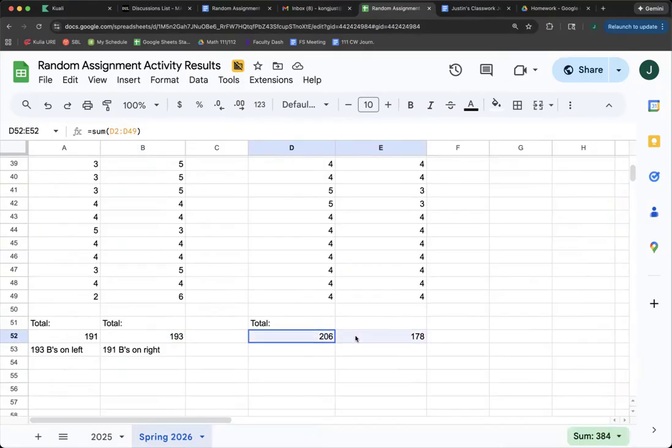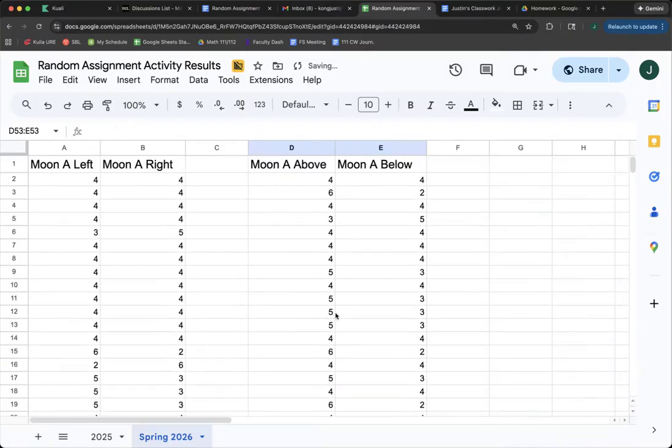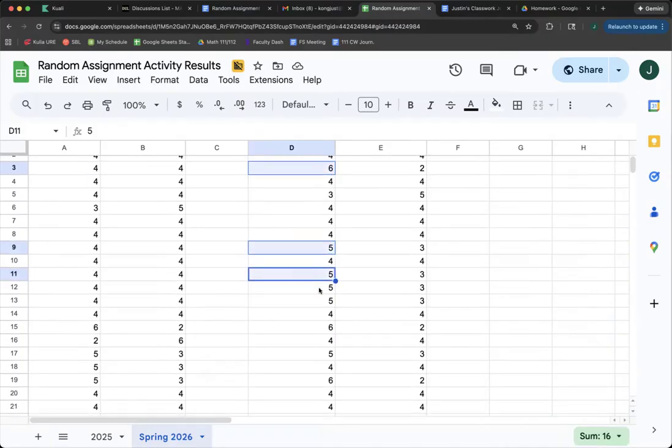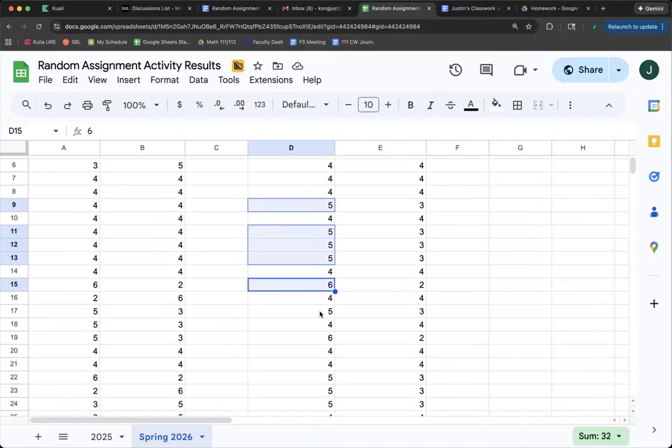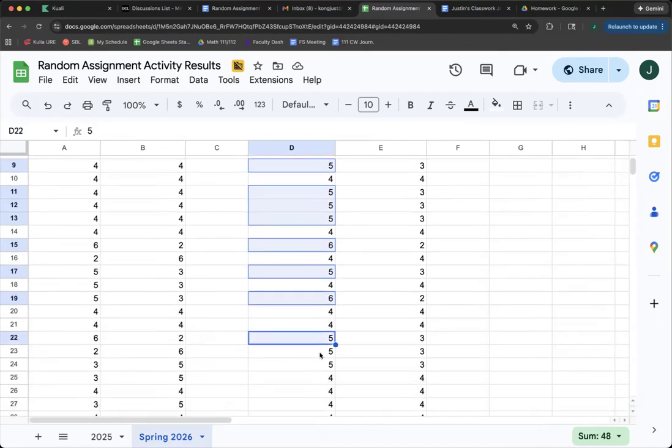And this outcome, to be honest with you, was not what I was exactly expecting. This is a little bit unusual. And if I look at my results here, we sort of just got unlucky, because let me highlight all the instances where the top was bigger than the bottom.